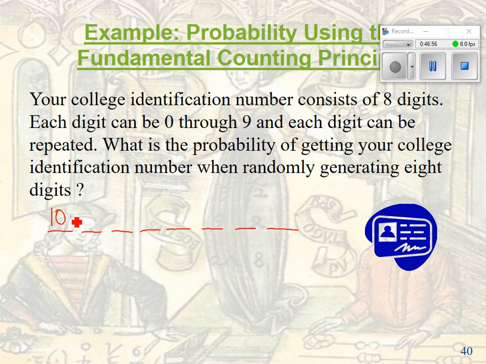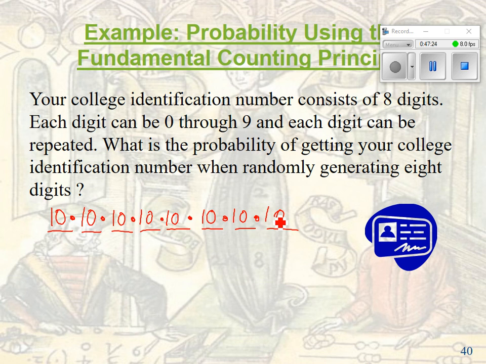So how many choices for your first number? 10. How many choices for the second number? 10. Third number? 10. Fourth number? 10. Fifth number? 10. Grab your calculators. Sixth number? How many total possible outcomes? 100 million.